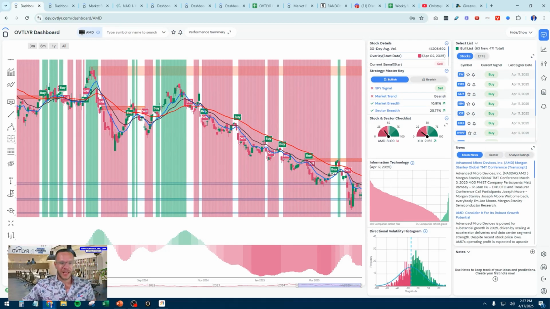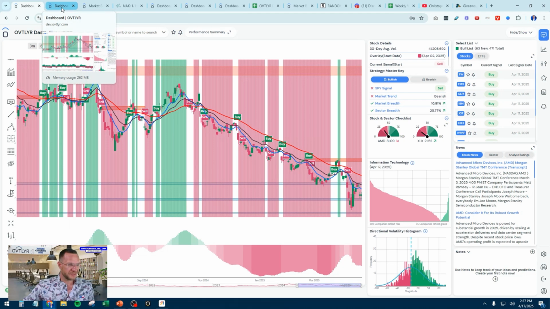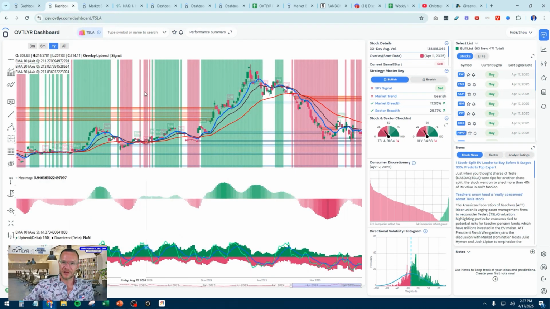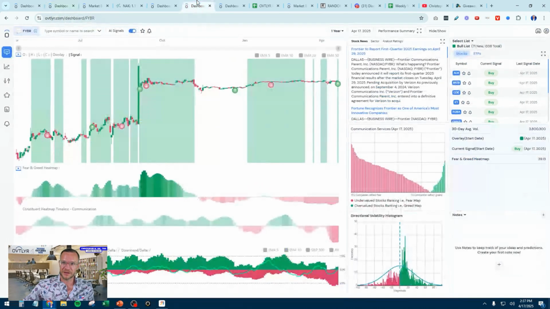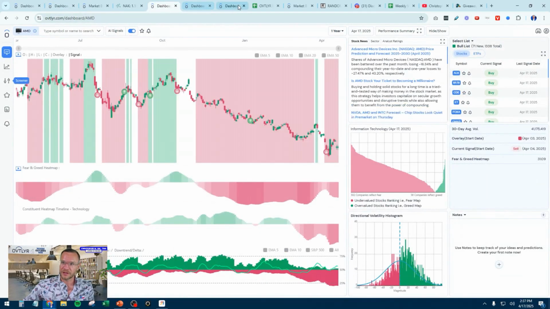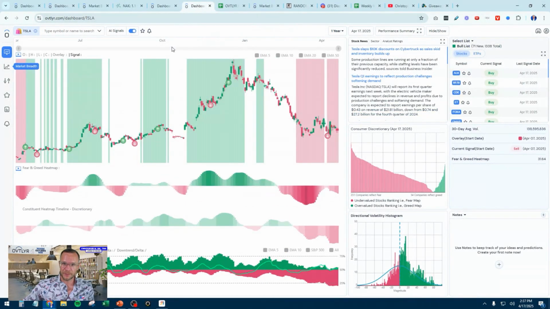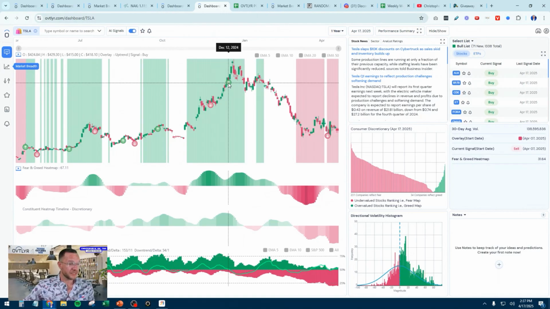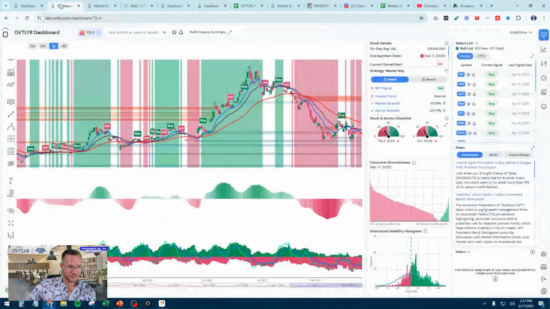But how about we look at another stock? Like, how about Tesla? Tesla was one that a lot of people gave us flack for, because in 2.0, let me see, where's Tesla? In 2.0, we got this buy signal that didn't trip a sell signal for a hot minute. Now, in 3.0, look at this.